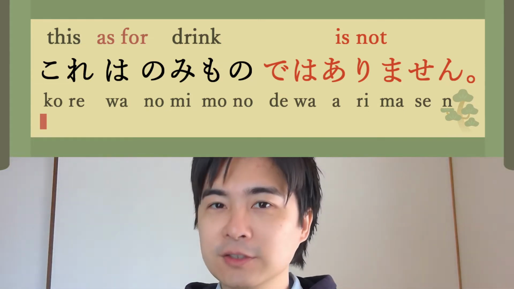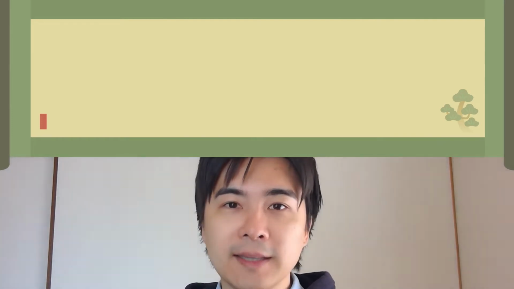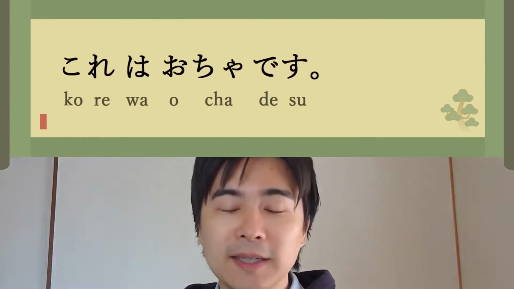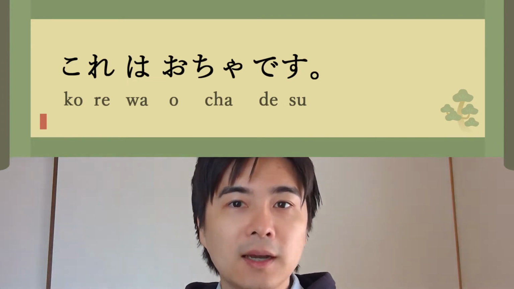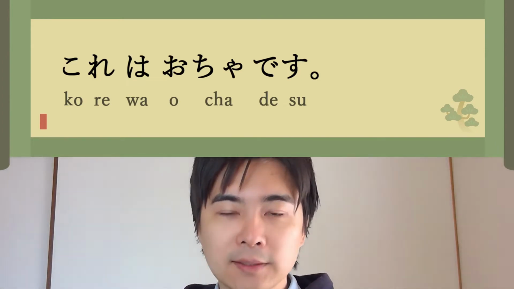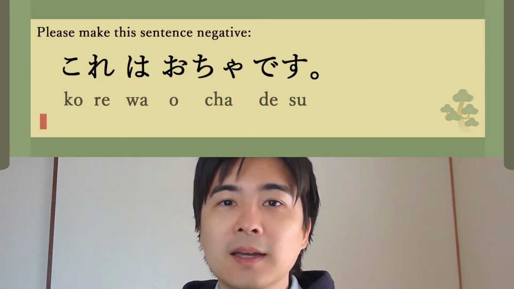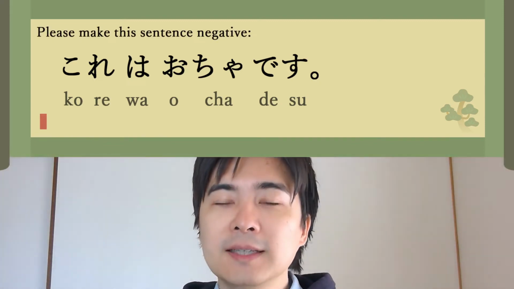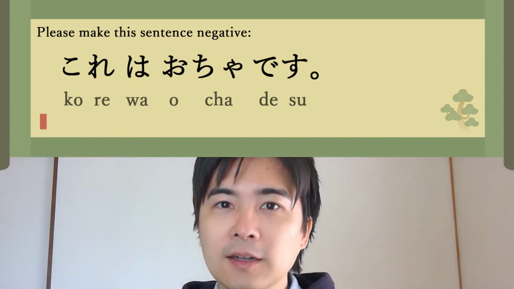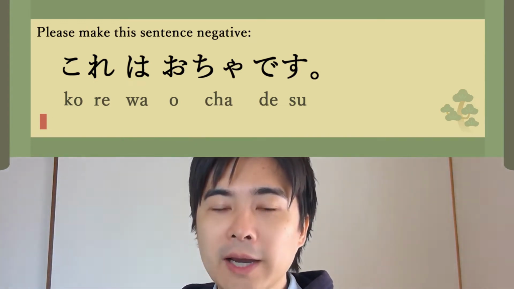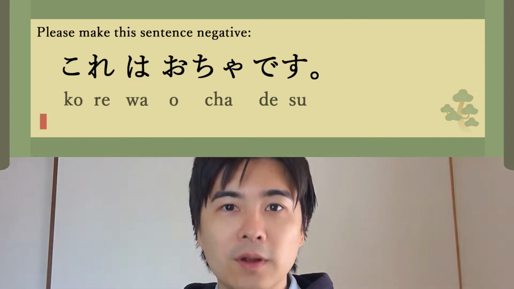So let me ask one question now. In the previous chapter, we learned the sentence これはお茶です。This means this is tea. Please make this sentence negative. It will mean this is not tea. If you want to think for a while, please stop this video.